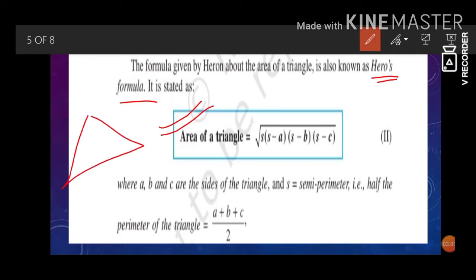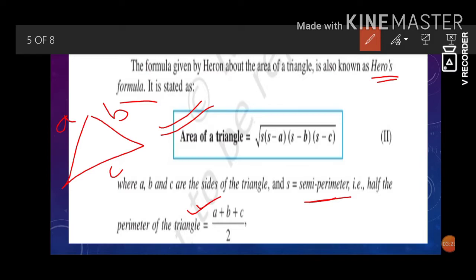Suppose we have a triangle with three different sides, and these three sides are represented with the terms A, B and C. Then what is S? S is called the semi-perimeter, that is half of the perimeter of the triangle, and S is calculated by A plus B plus C by 2.